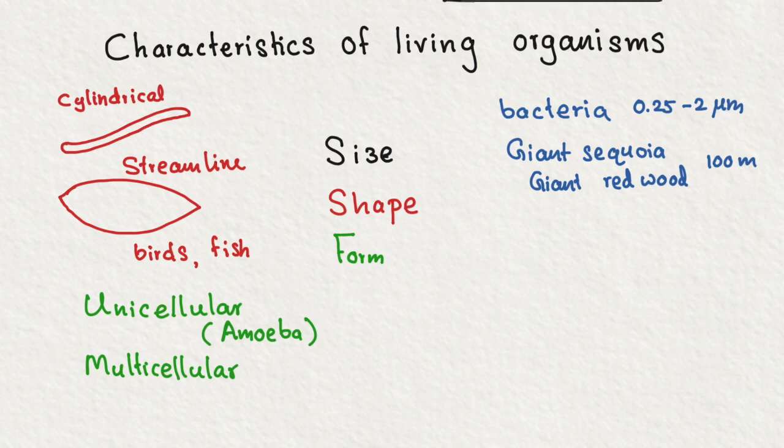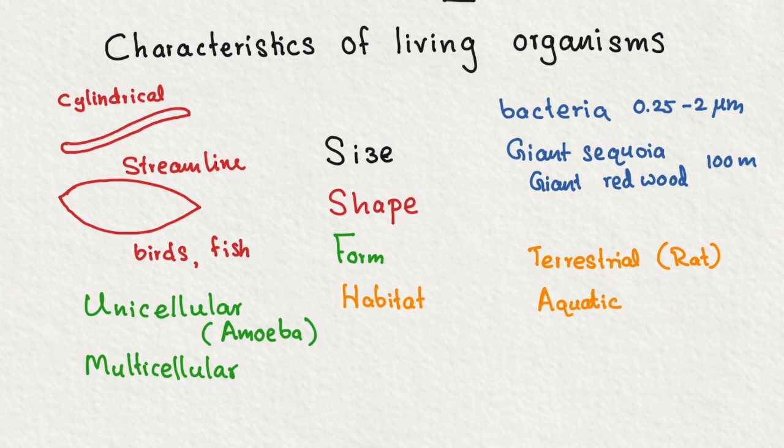Then, as the last one, if we take the habitat, it is where the organism lives. So organisms live in various different habitats. For example, some organisms live in terrestrial environments, for example, rats. And there are aquatic organisms who live in water, example, all kinds of fish.